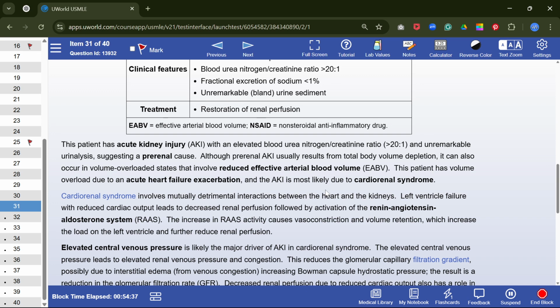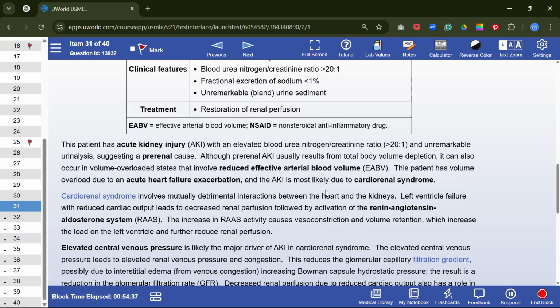Although pre-renal AKI results from total body volume depletion, it can also occur in volume overload states that involve reduced effective arterial blood volume. This patient has volume overload due to acute heart failure exacerbation, and the AKI is most likely due to cardiorenal syndrome.